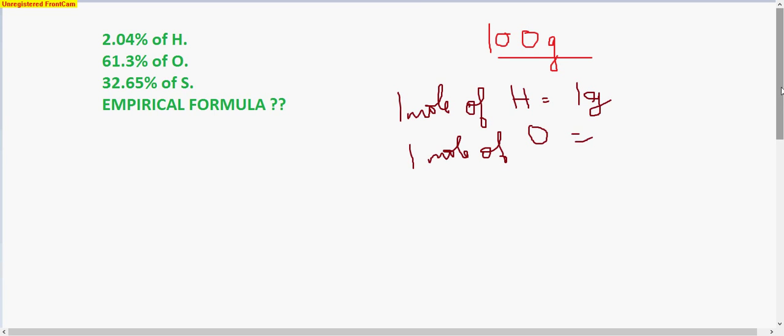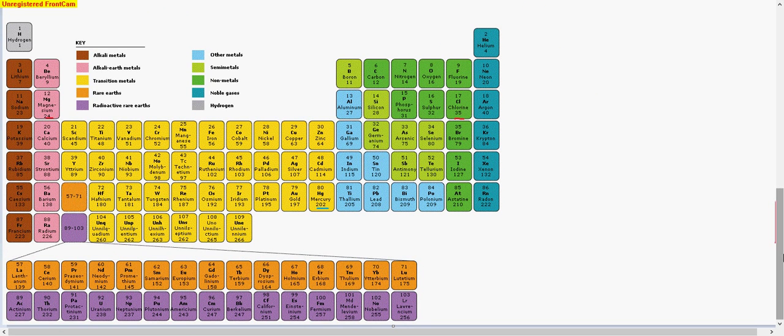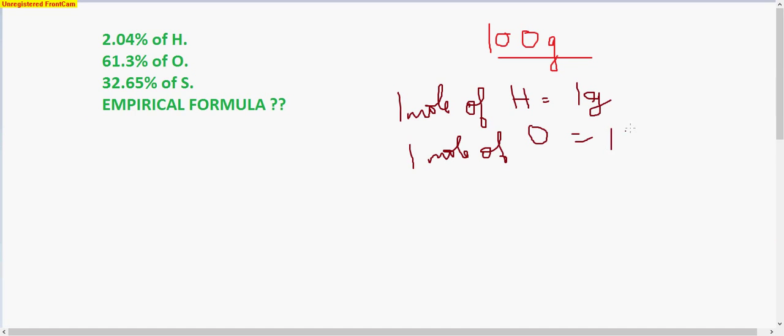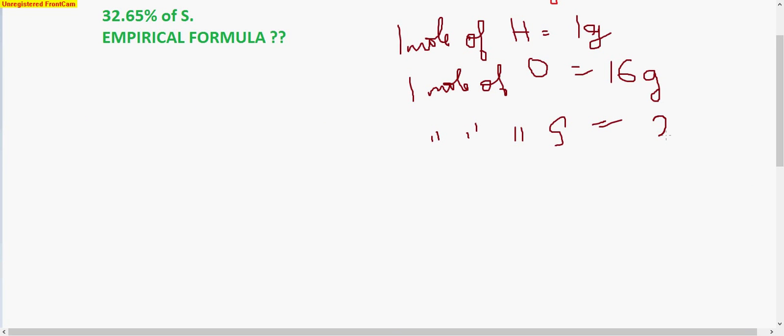I know the oxygen atomic mass, just to confirm, 16 grams. 1 mole of sulfur. Now what is the atomic mass of sulfur? Sulfur, 32. Write it, 32 grams.